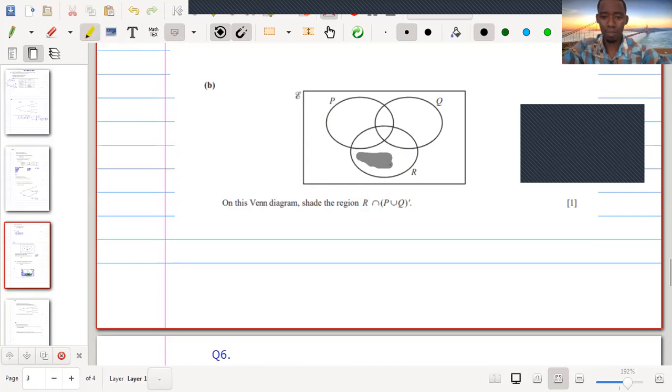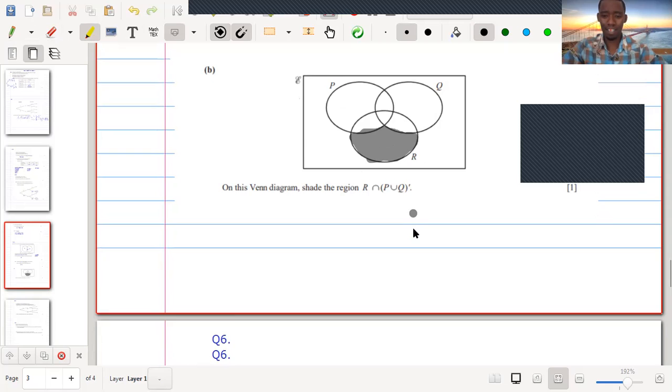The answer is only here. That's the only answer. You find it. Intersection with R. That means we don't touch the union of P and Q. Okay, good.